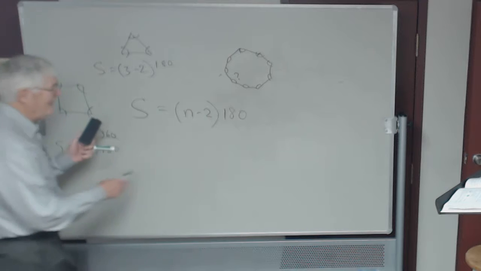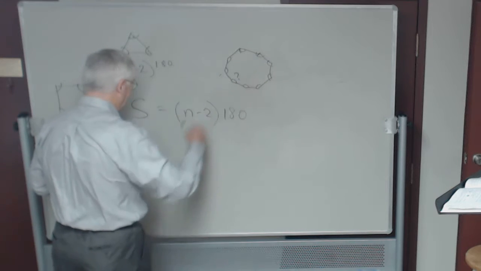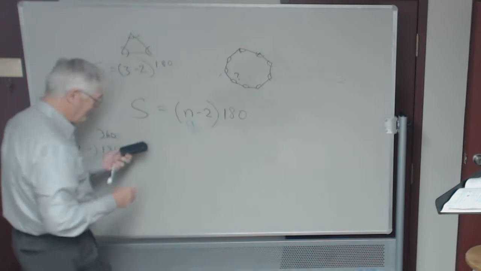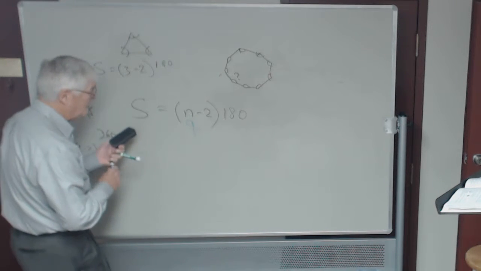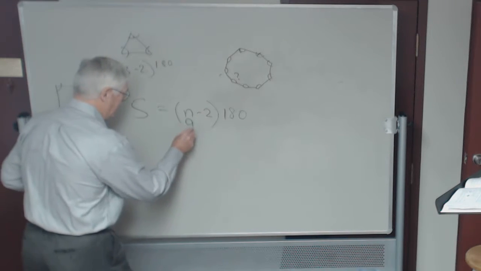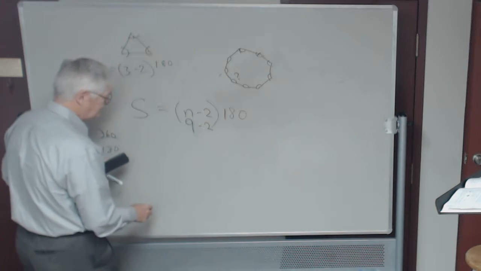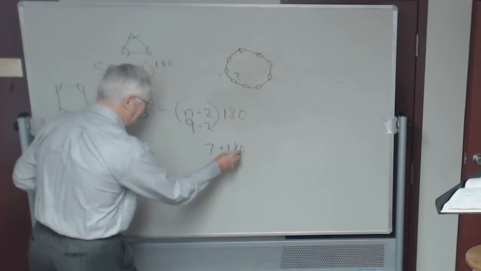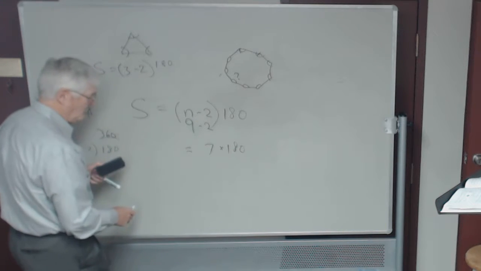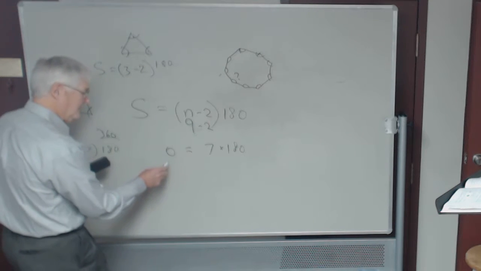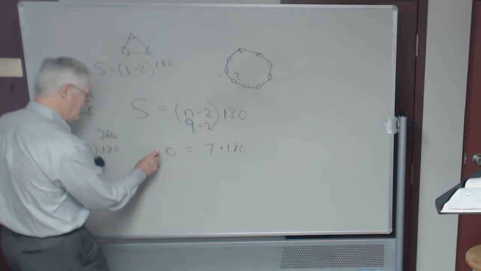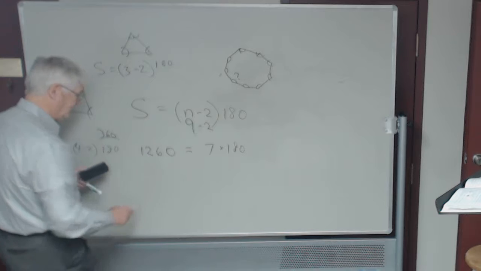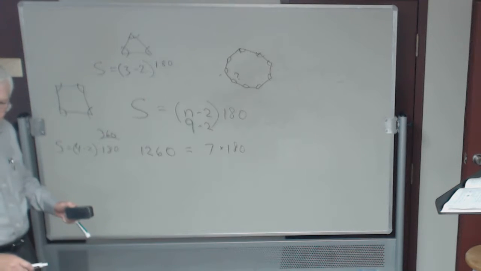So how many angles do we have here? So n is 9, right? So what's 9 minus 2? 7. What's 7 times 180? 1,260?